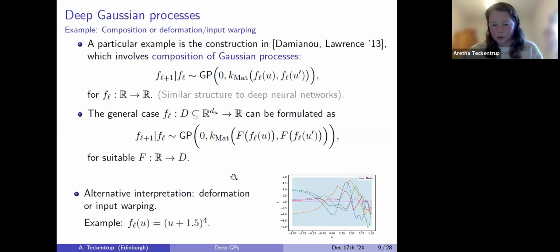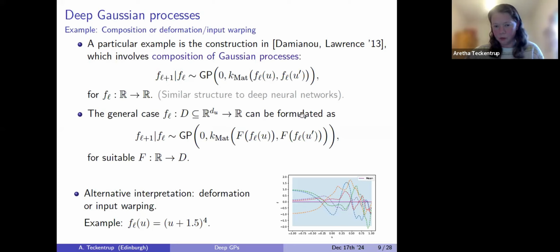An alternative interpretation of this, which some might be familiar with, is the idea of deformation or input warping. That's again a classical tool in statistics, where you deform the input space to get non-stationarity.